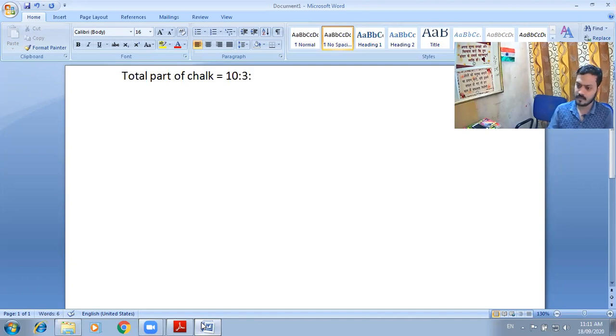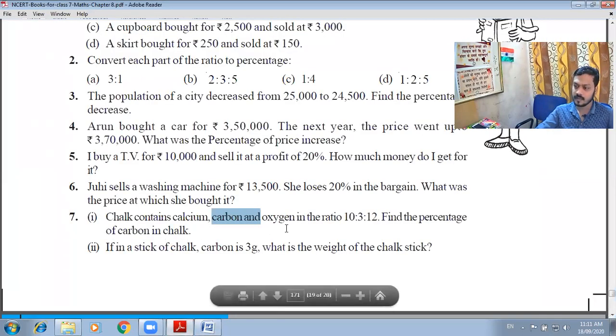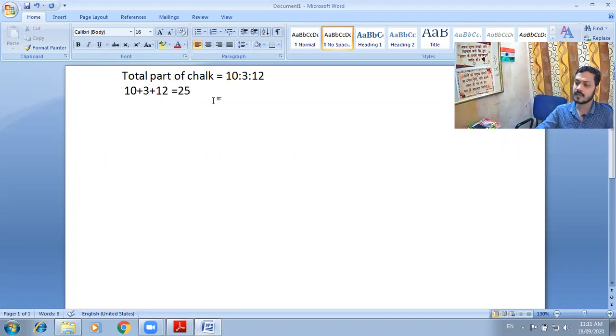Their sum is 10 plus 3 plus 12, which becomes 25. So firstly we find the total parts of chalk, that is 25. 10 represents calcium, 3 represents the amount of carbon, and 12 represents the amount of oxygen available in chalk.